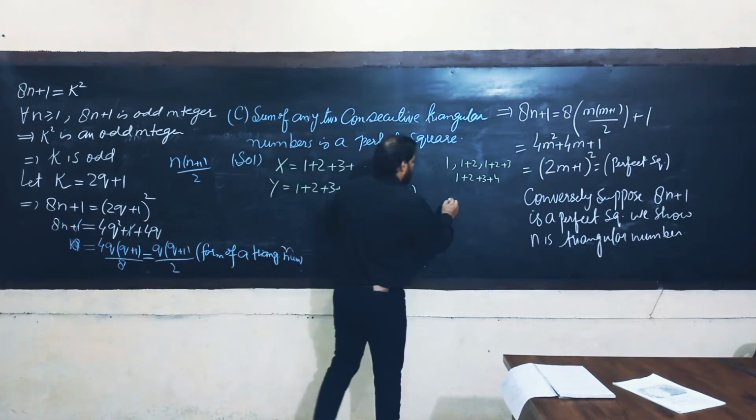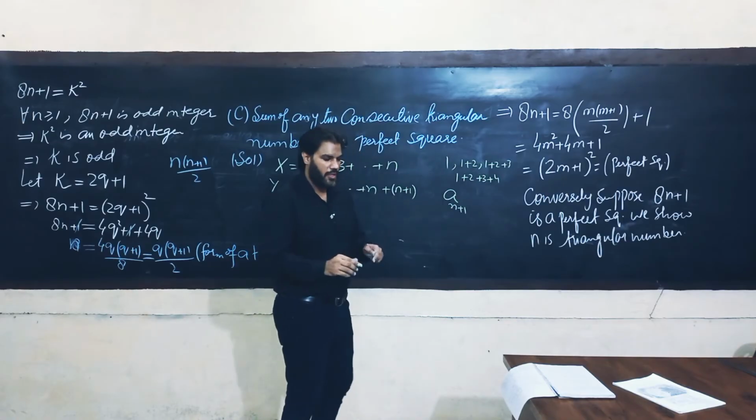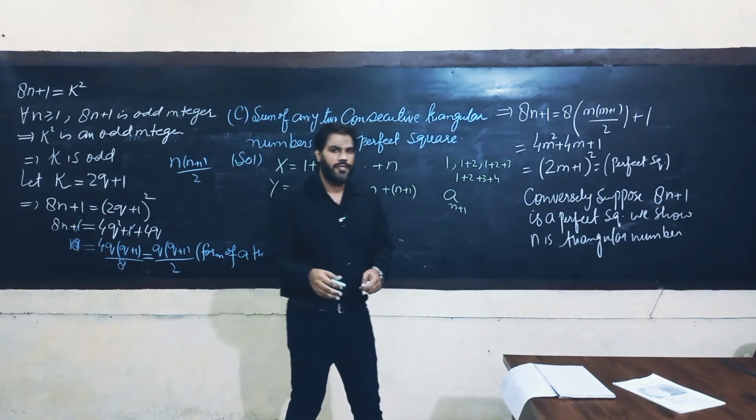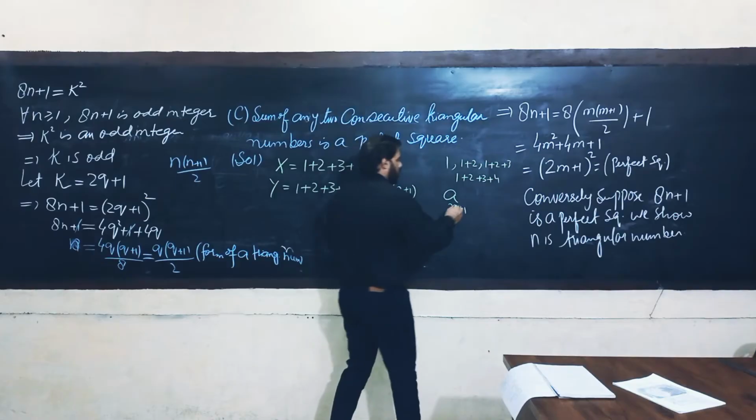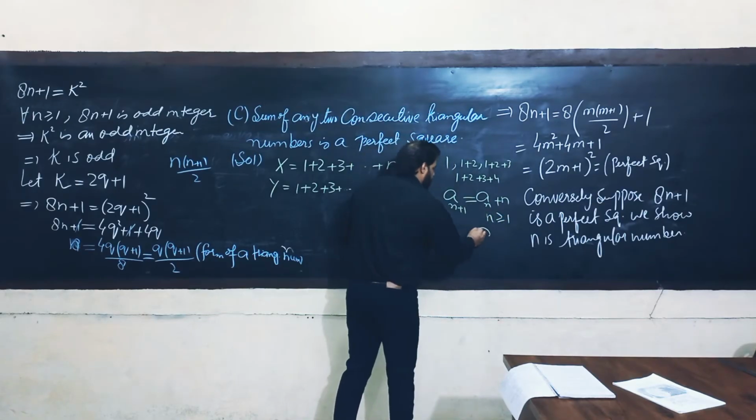In other words, in the form of a recursive relation, you can write a triangular number as a(n+1) equals a(n) plus n, where n is greater than or equal to 1 and a1 is 1.